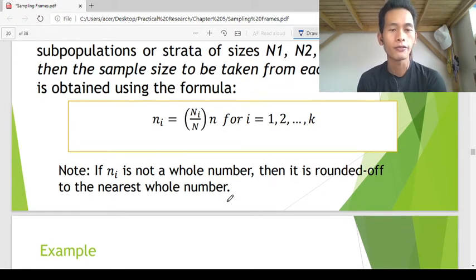Now, note, if n sub i is not a whole number, then it is rounded off to the nearest whole number.